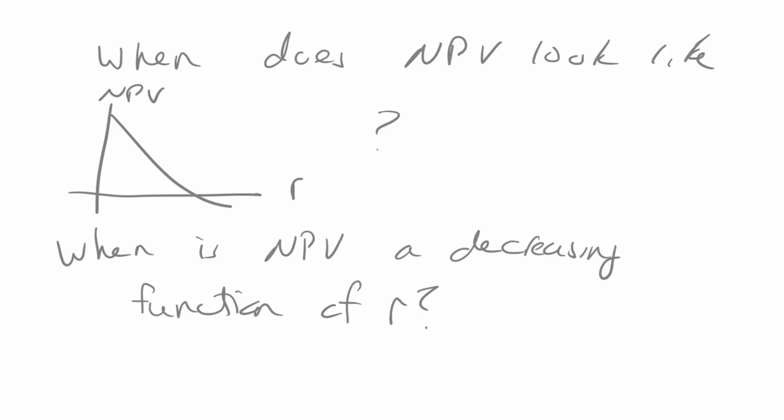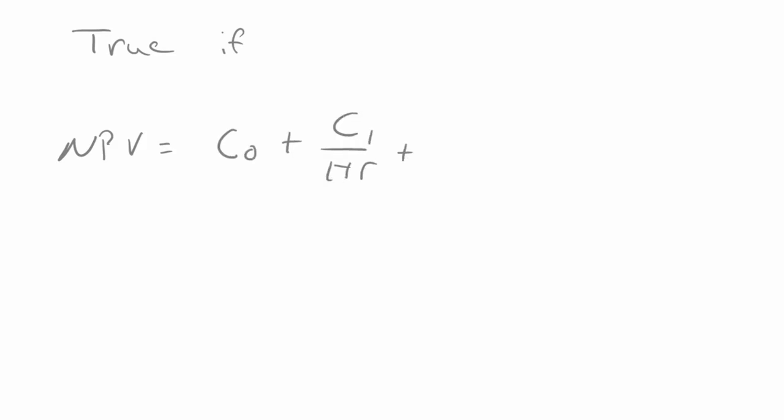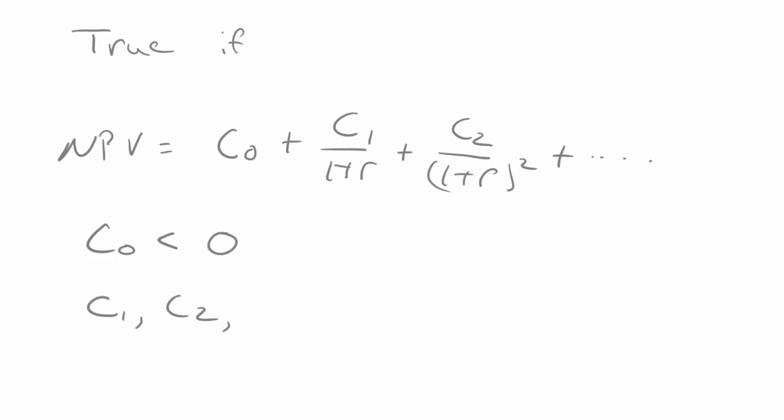So that's true for what we call a normal investing project. So it's true if NPV equals C0 plus C1 over 1 plus R plus C2 over 1 plus R squared plus ..., and C0 is less than 0, C1, C2, etc. are all greater than 0. Then we're fine. You can see that in that case, the NPV is going to be a decreasing function of R.